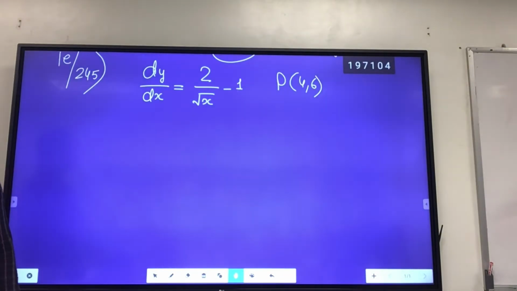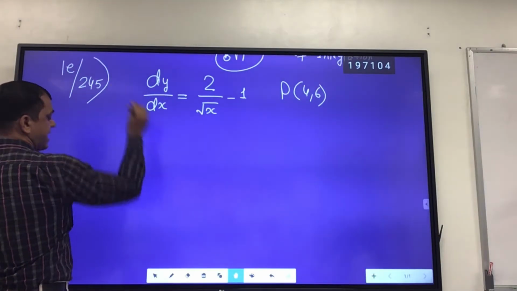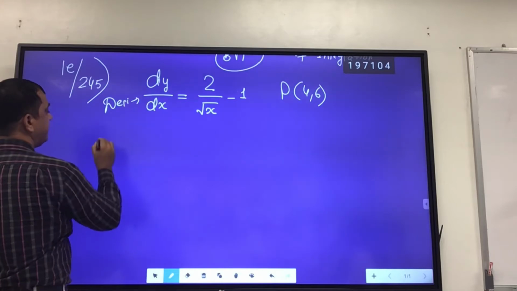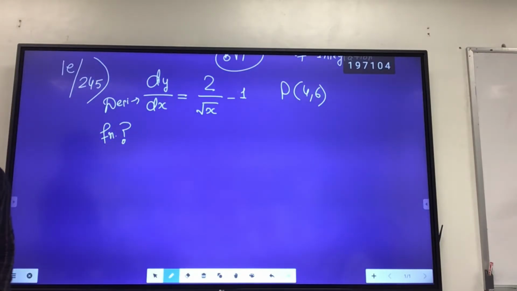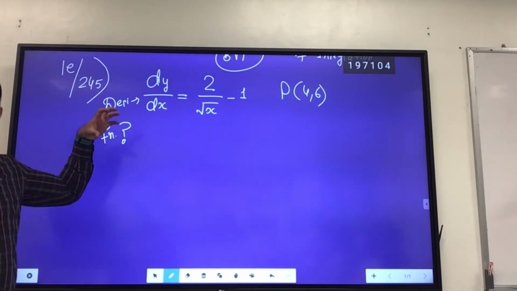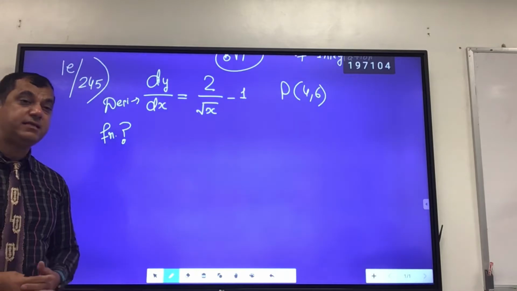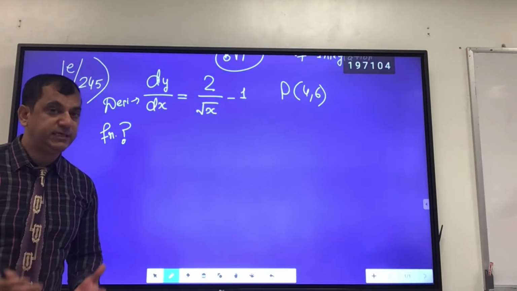Very simple. Now we are given this derivative, right? And we have to find the function as a target. To remove this derivative operator symbol, we should go with the antiderivative, that means integration.